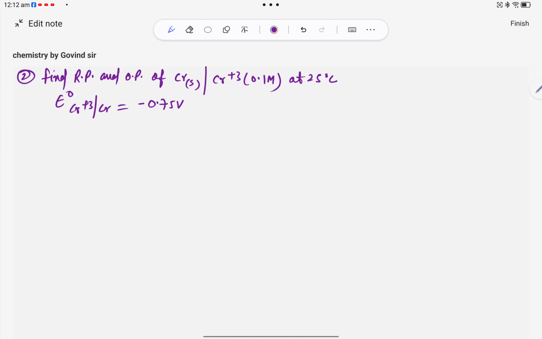So what value is given, children? Plus 3 to 0. That means reduction potential value is given.